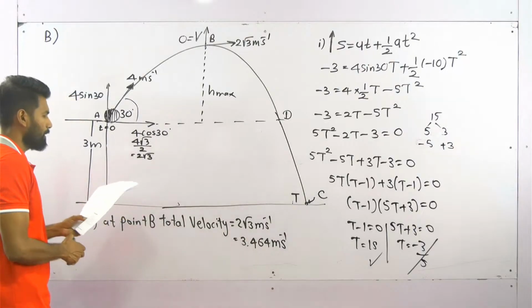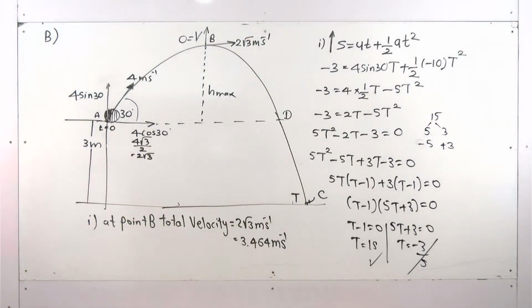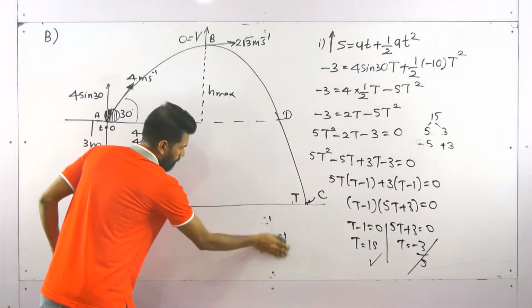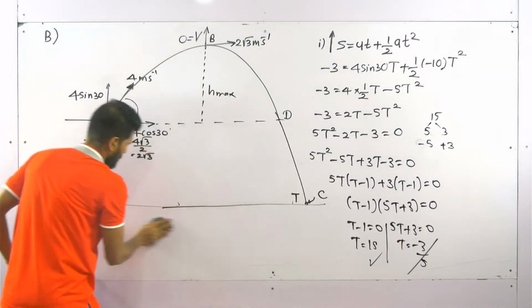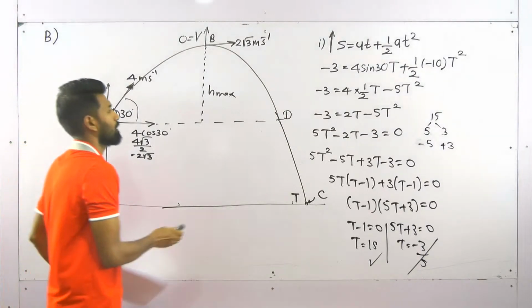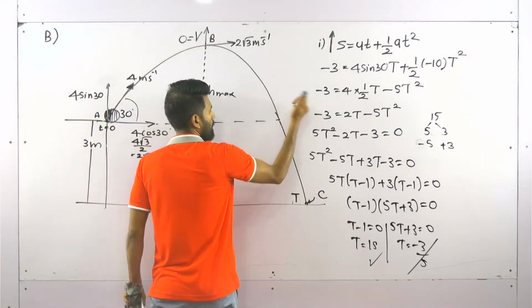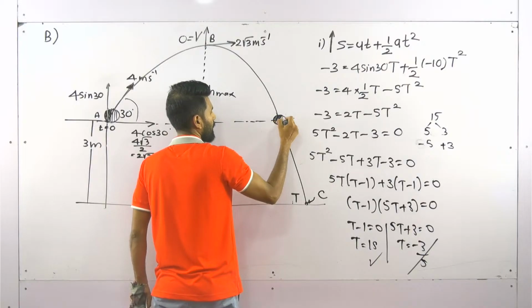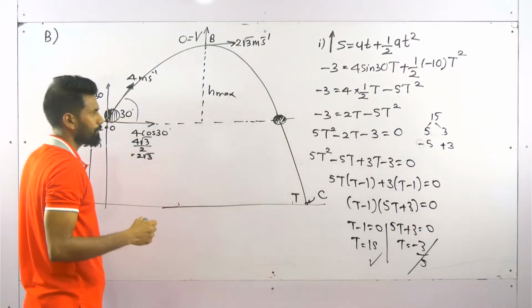The third question: what is the velocity of the object when passing point D? What is the velocity when the object passes D? D means the same level that it started. Okay.